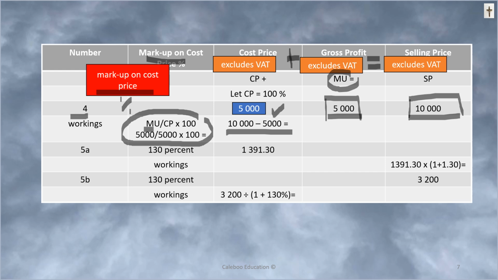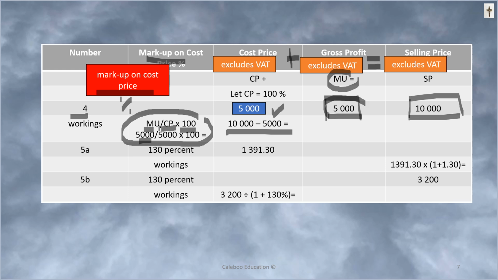The markup on the cost price, and if we want a percentage, we multiply by 100. So markup divided by cost price multiplied by 100. Remember that line there? Markup on cost price means markup divided by cost price multiplied by 100. The markup is 5,000.